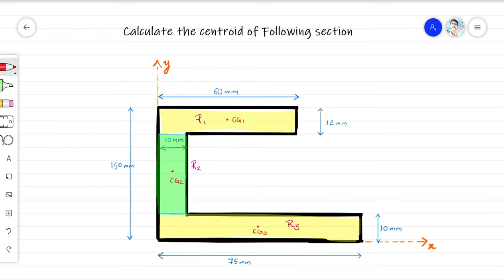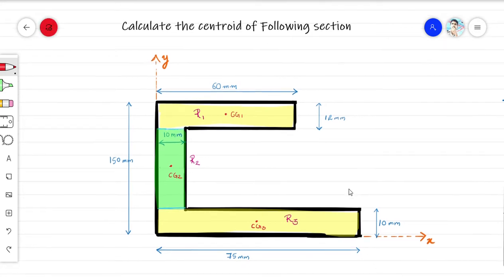Okay, so this will be my first step, to divide this composite or built up section into our own known rectangular forms. The next step, step 1 of any numerical, will be writing down the given data. For rectangle 1, this is the dimension. Rectangle 2, the dimension would be 10 mm into 150 minus 12 minus 10, and rectangle 3 would be 75 into 10 mm.